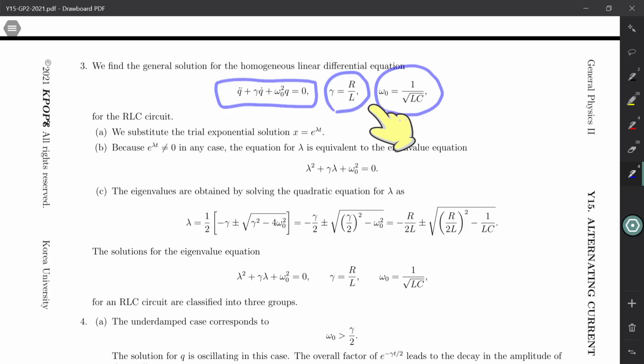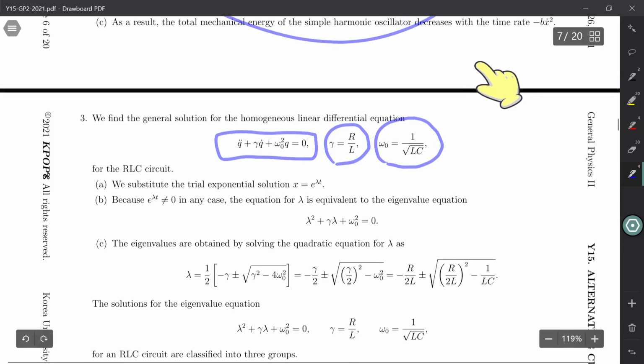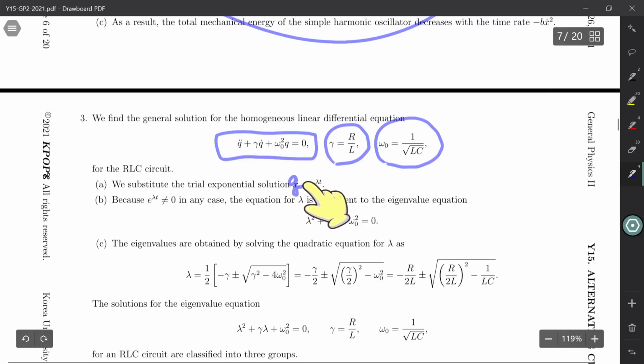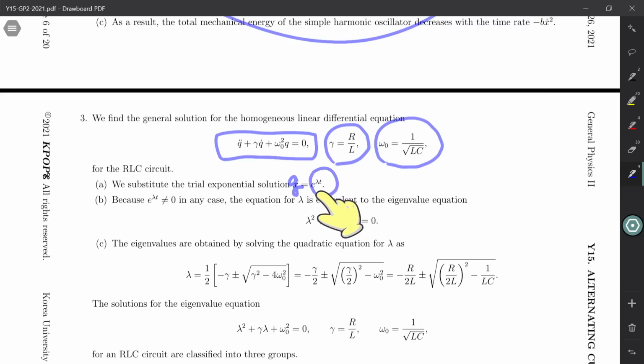The solution of this linear differential equation can be found by substituting Q with the exponential function.